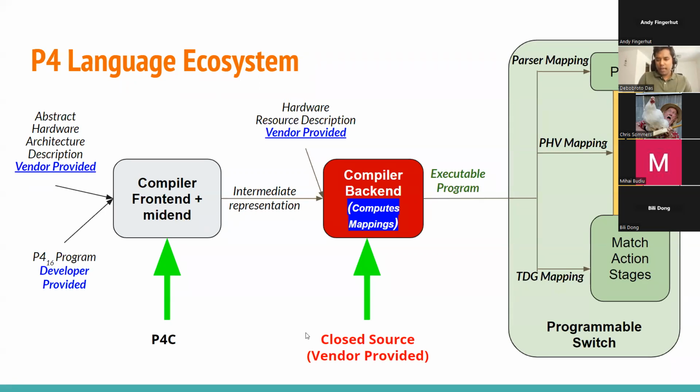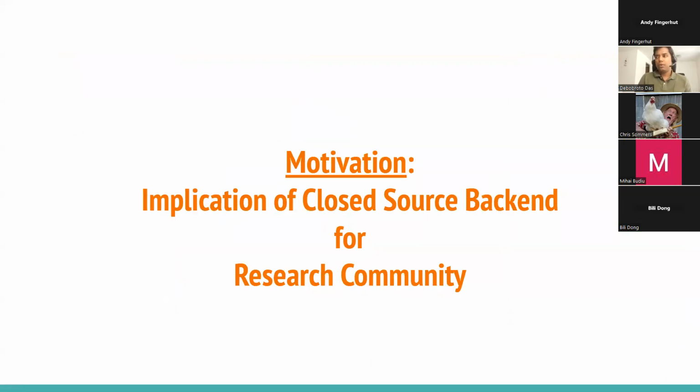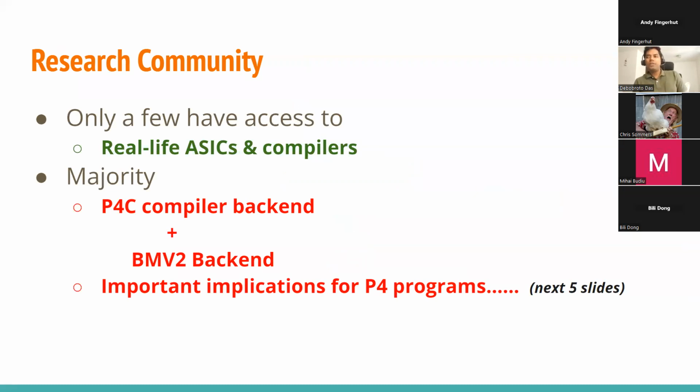Now, what's the implication of this closed source compiler backend for the research community? Out of these implications, that is the actual motivation of my doing this work. First of all, if we look into the research papers, only a couple of people have real life RMT ASICs and their compilers, but the majority of the people in the research community mostly use the P4C compiler frontend.